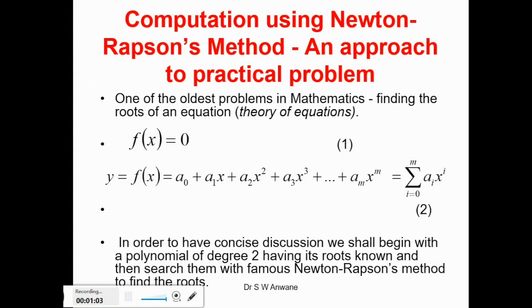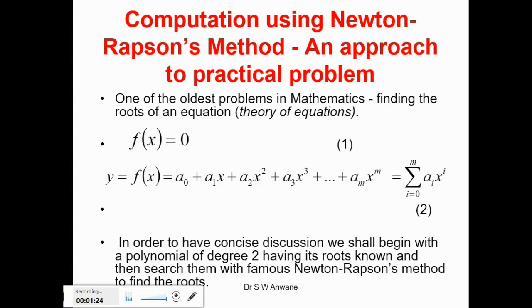Now let us suppose that we have some polynomial y equal to f of x. It can be in general expressed by summation a_i x to the power i, where i runs from 1 to m. Here m is the degree of the polynomial.